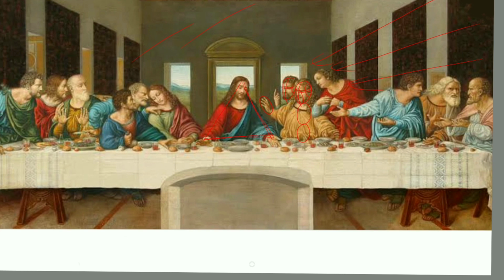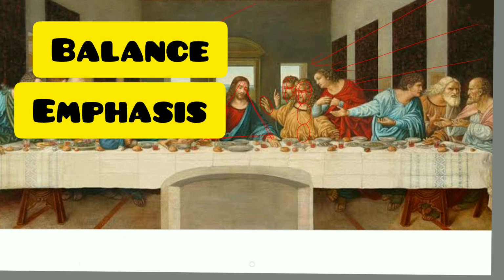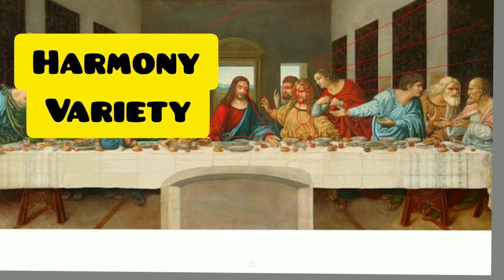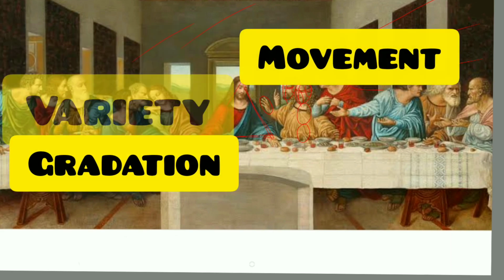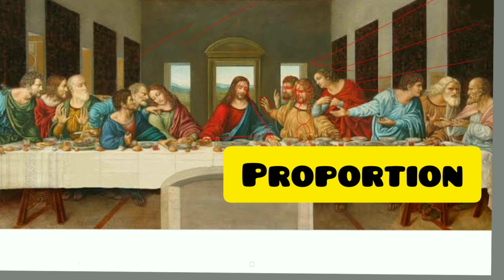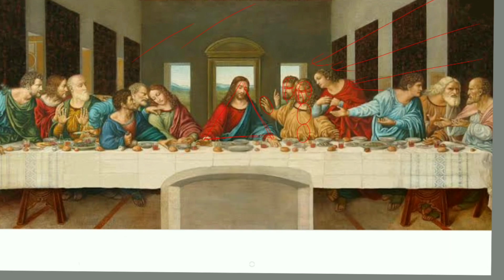All right, so let us recall all the principles of art. What are the principles? Balance, emphasis, harmony, variety, gradation, movement, rhythm, and proportion. If you have understood all these concepts, then you would be able to draw any form of painting, and you will be able to manipulate your viewers accordingly.